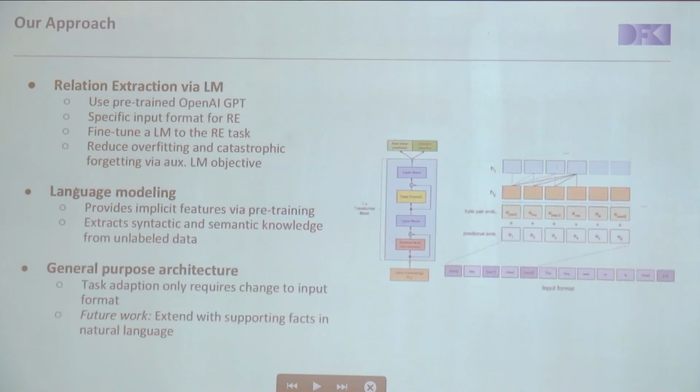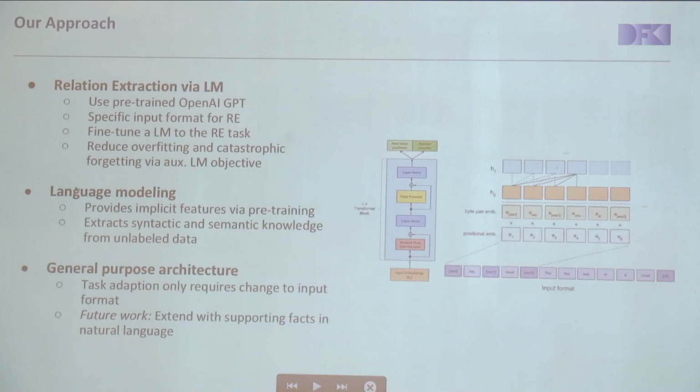knowledge. In our approach, we took an OpenAI generative pre-trained transformer with a custom input format, and we fine-tuned it to the relation extraction task, while at the same time also addressing overfitting and catastrophic forgetting.